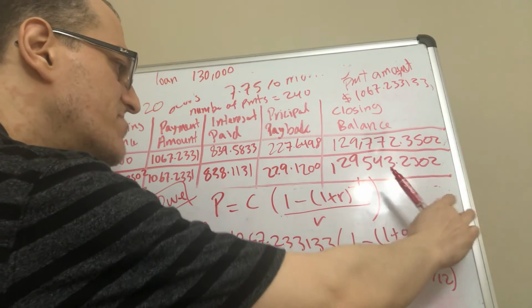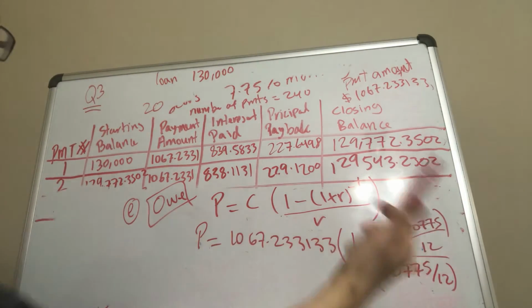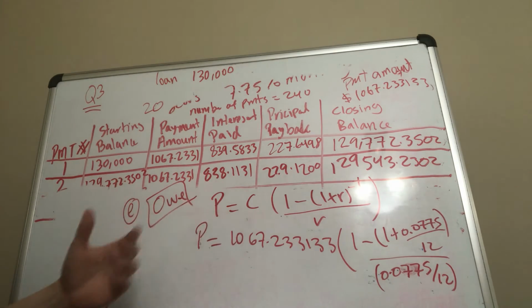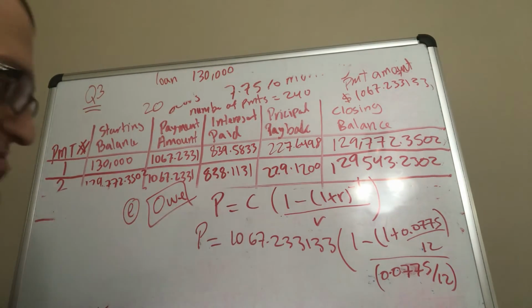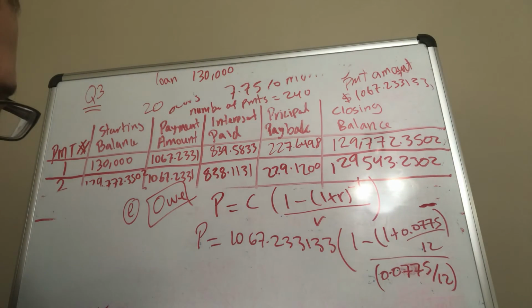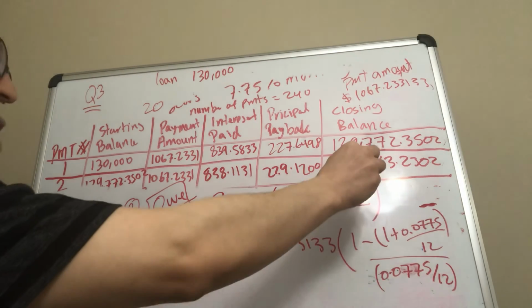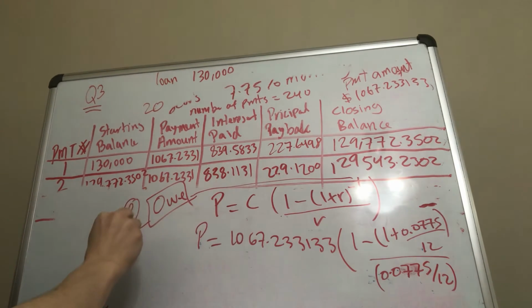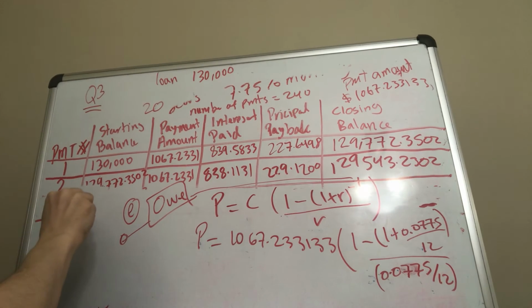This is the same R. We have the C. The only thing left is to figure out what T is. T is the number of payments left. So when you do how much you owe them, you need to figure out the remaining number of payments.